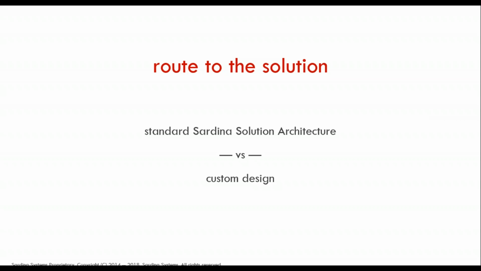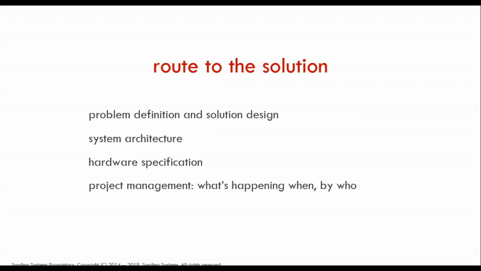Now, in terms of route to solution, we tabled with a client that there are essentially two options: either A, adopting the Sardina standard solution architecture, or to go down a custom design route. In this case, the client decided that they would go down a custom solution route.